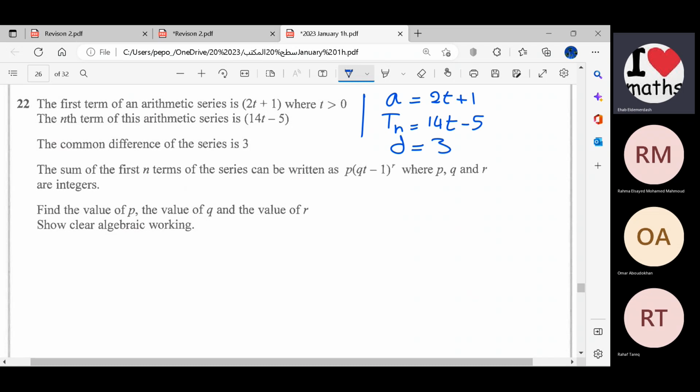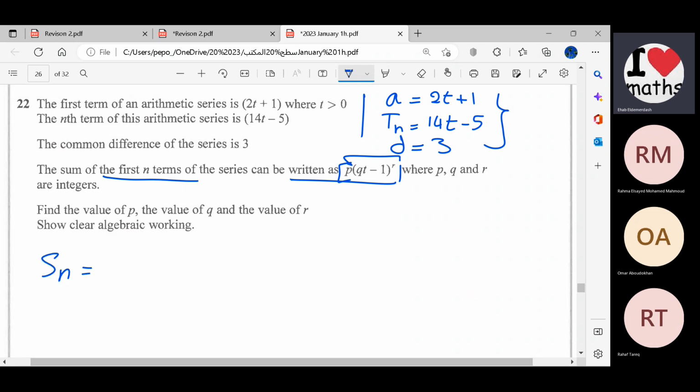Okay, these are the given. The sum of the first n terms of the series can be written in this form. Find the values of this. If I have these given and I'm asking you to find the sum of the nth term, what do I have to do?